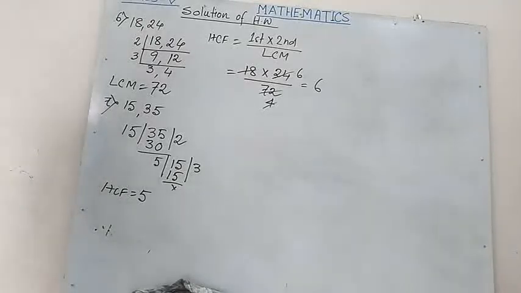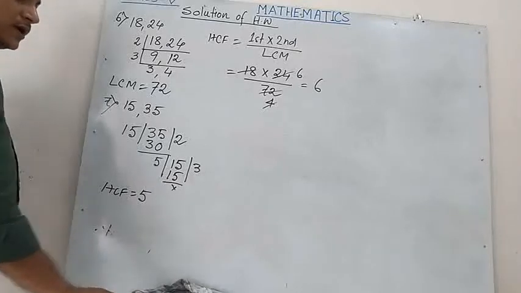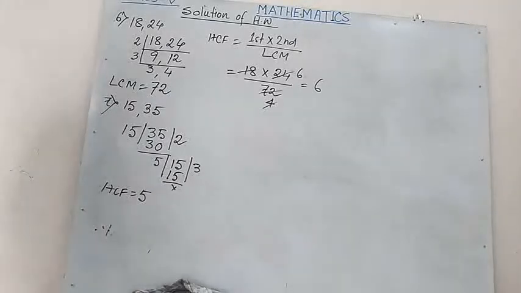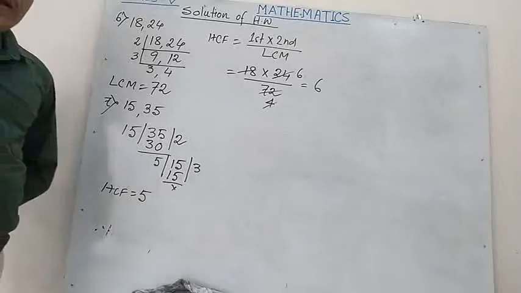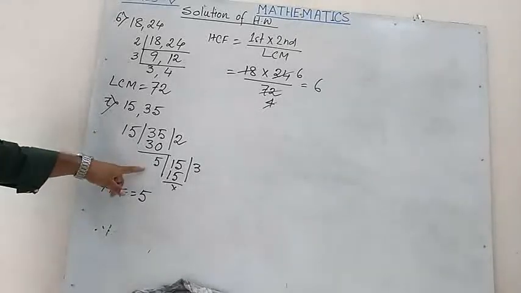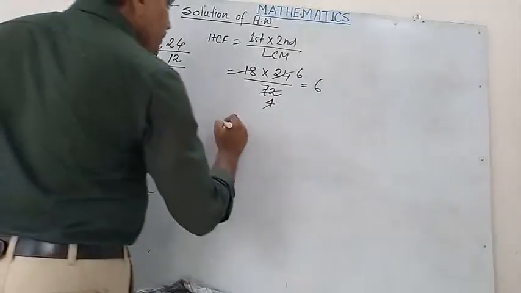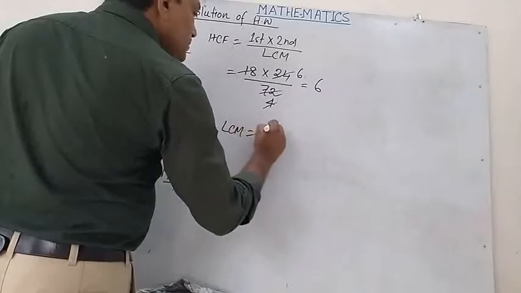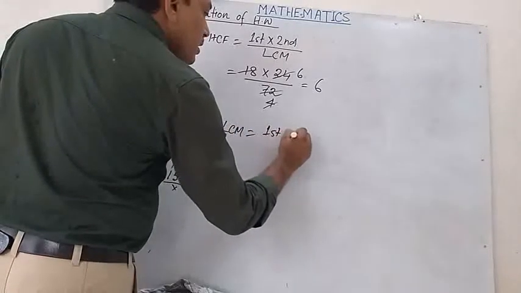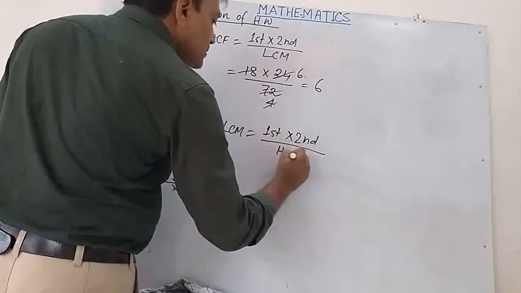Now we have to find out the LCM. The question is, find the LCM of 15 and 35 by finding their HCF. So at first we have done HCF, which is 5. Now LCM equals first number into second number by HCF.